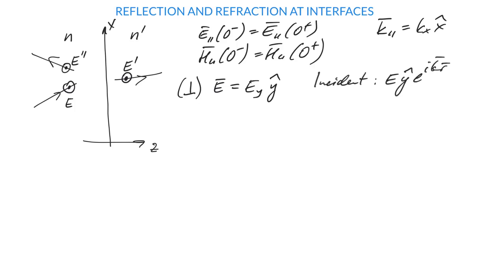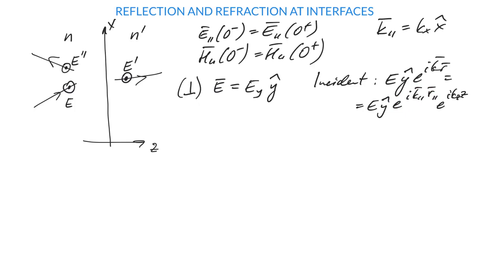Now, this factor contains the factor e to the i k parallel r parallel and e to the i k z z. Now, the factor with k parallel is the same for all waves. We have established this before.